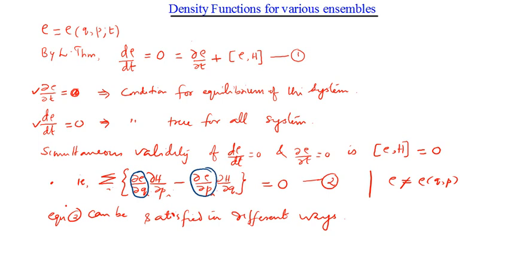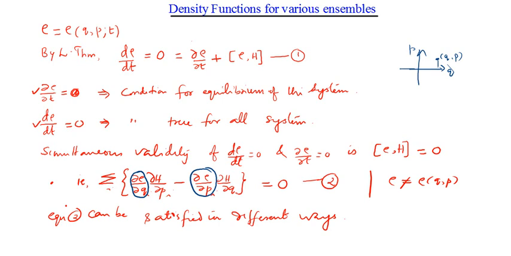So what is meant by rho not depending on q and p? It means that the value of the density function is not changing from point to point in the phase space, because q and p denote a set of points in the phase space. So if the density function is not depending on q and p, it means that the density function remains a constant in a given region of the phase space.